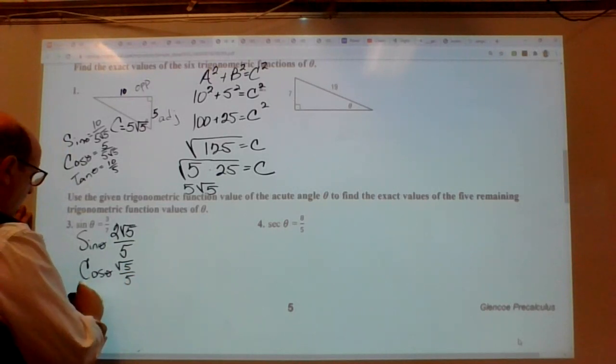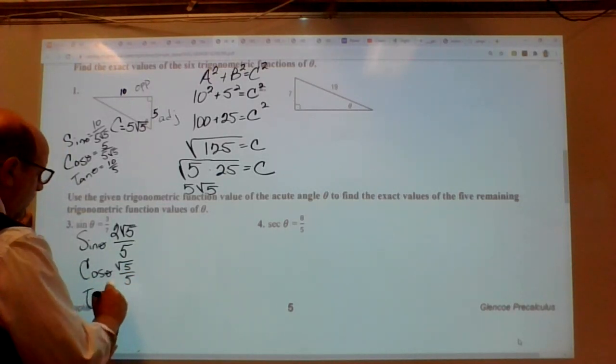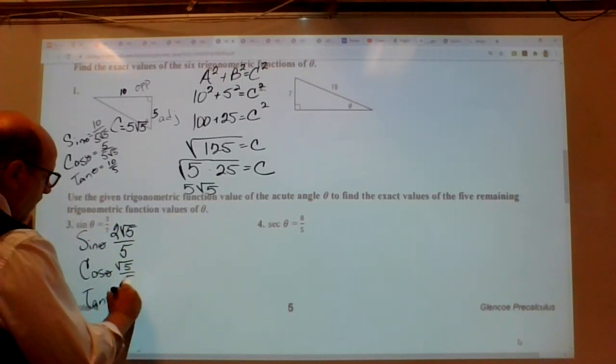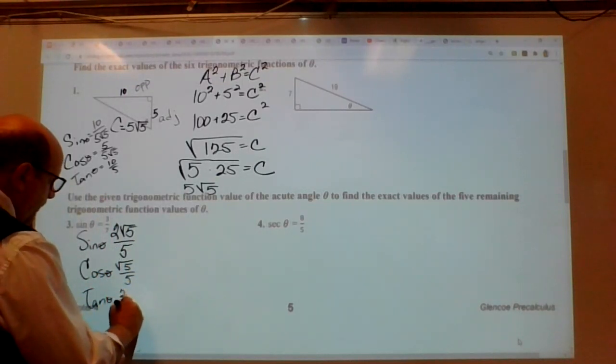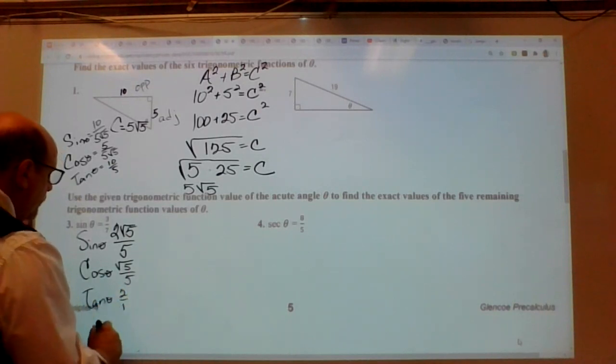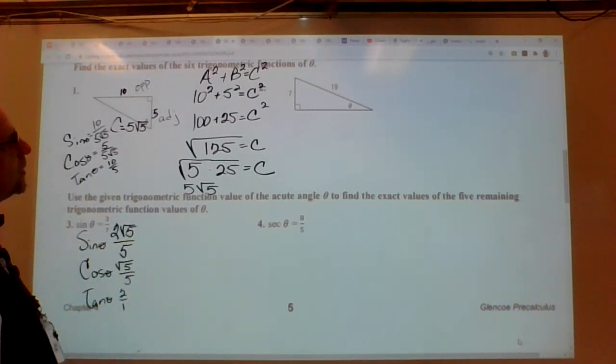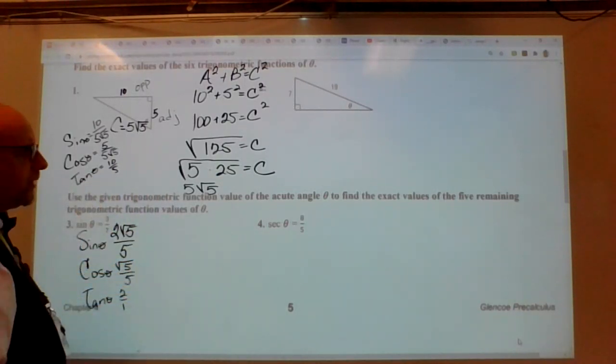And tan theta is still 10 over 5 or 2 over 1. Other than that, we should be good to go. We'll move on.